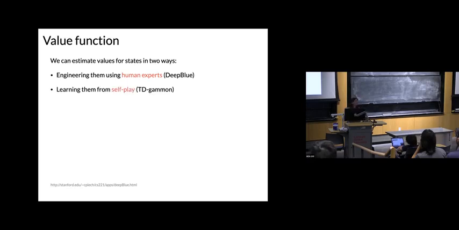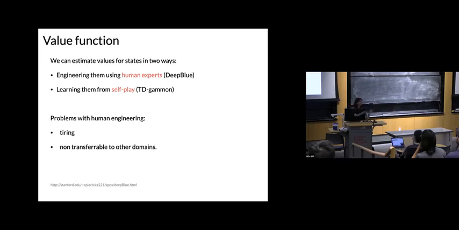Or you can learn them from self-play, which is precisely what TD-Gammon did, if you remember. Human engineering is difficult, it's tiring, and it's not easy to transfer across domains. While if you manage to do it in the self-play trial and error way, you'll solve Go today, and in the coming week you're going to solve chess, shogi and all these other games.